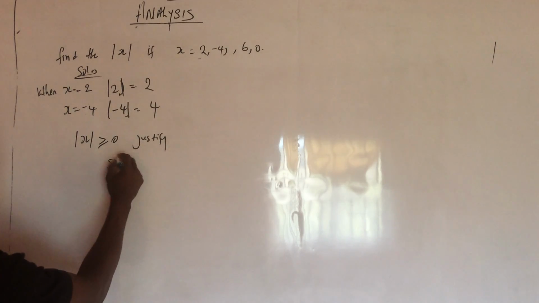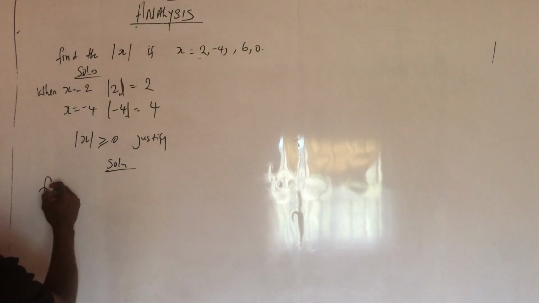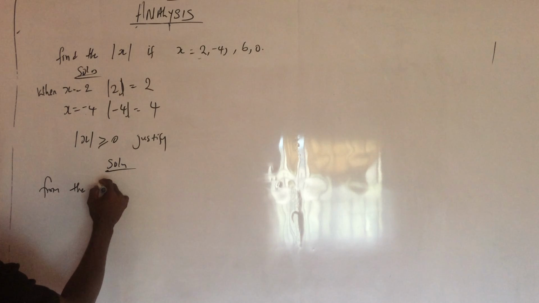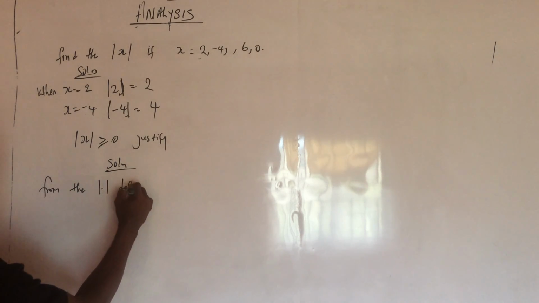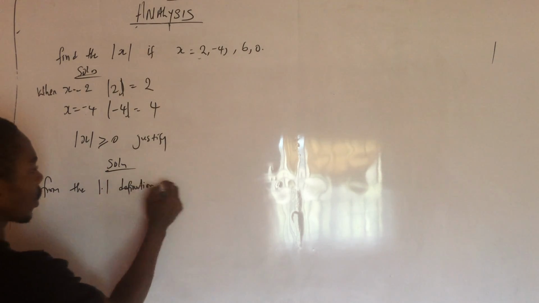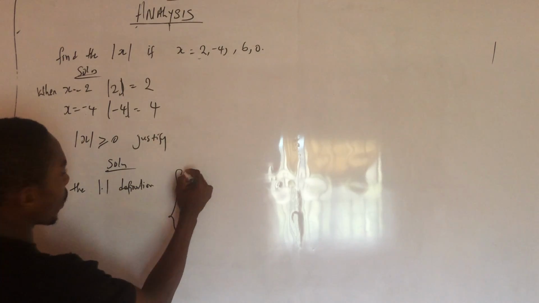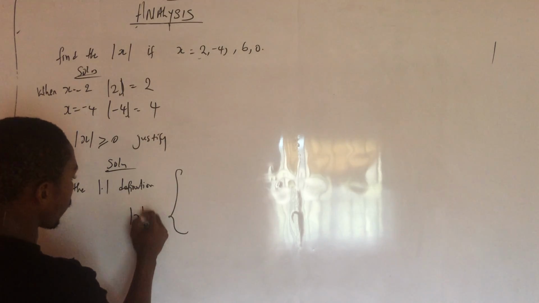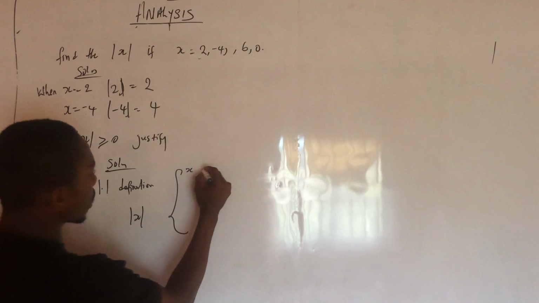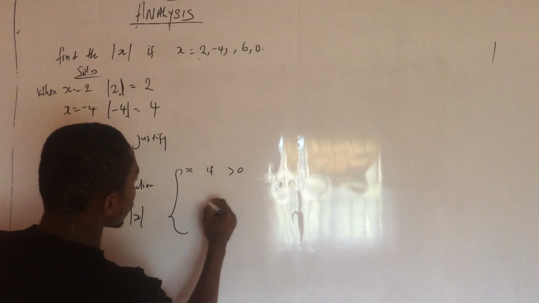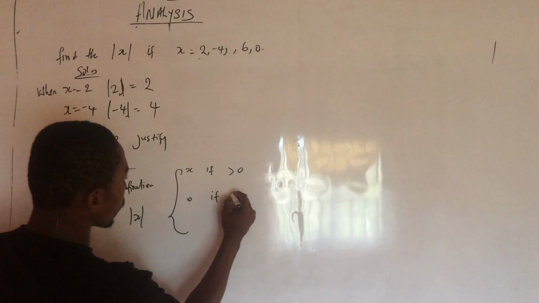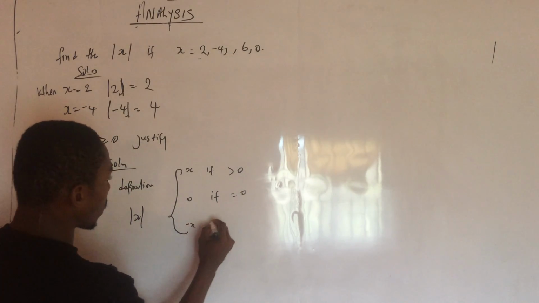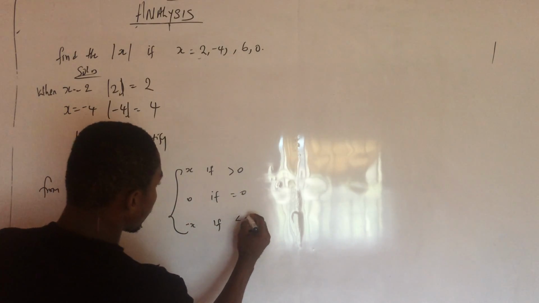When you want to solve this, you can say from the absolute value definition, we see that the absolute value of x is x if greater than 0, 0 if equal to 0, and minus x if less than 0.